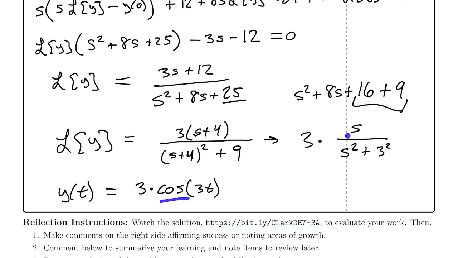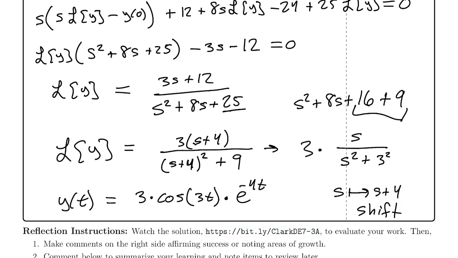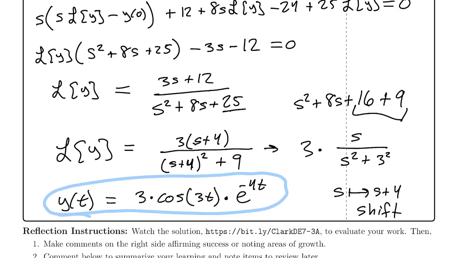And cosine has the s right there. But because we have this s into s plus 4 shift, then we have to multiply that by e to the minus 4t. And therefore, our solution to the problem is this y of t right there.